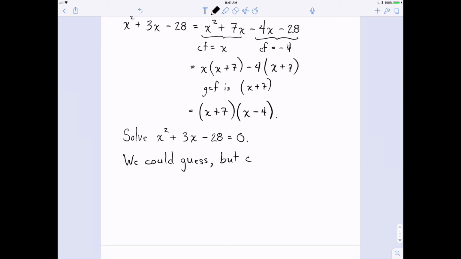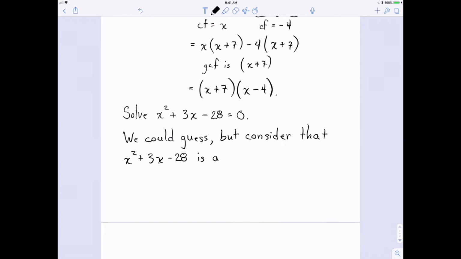Consider that x squared plus 3x minus 28 is a sum.